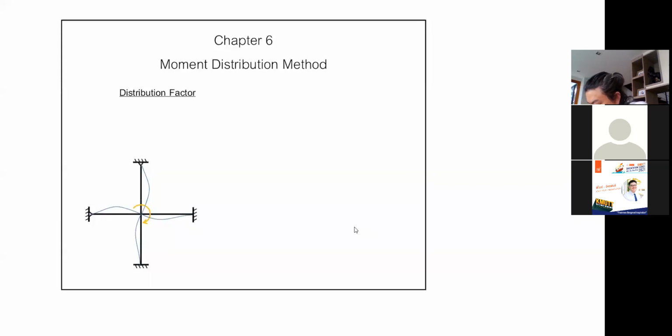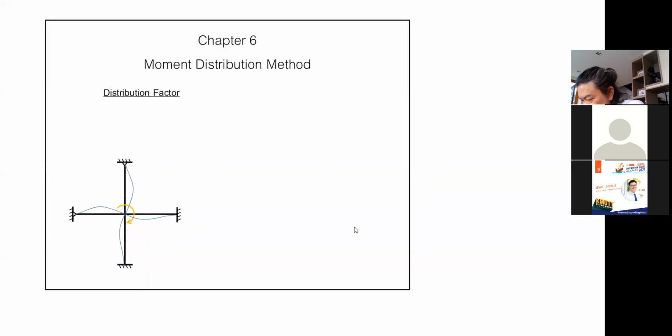So now we have a rigid joint. Okay, so what we can do now is assume a rigid joint. Let's give the members some names, maybe A, B, C, D, with E at the joint.